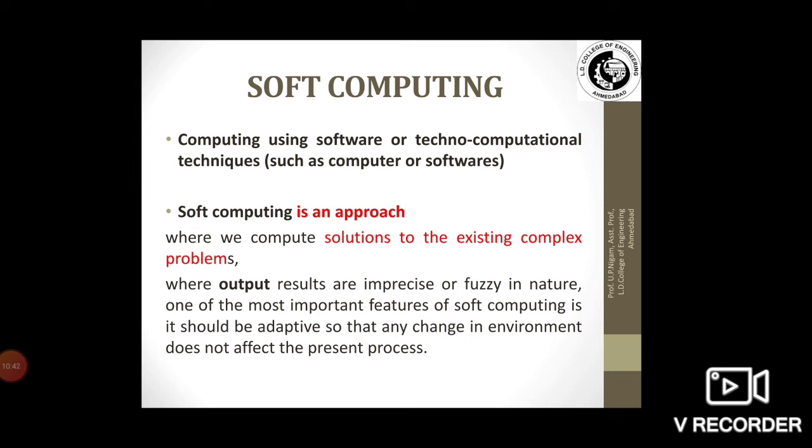When we communicate in one language, you have to answer in yes or no, but sometimes you cannot answer every question in yes or no, you can be partial. So fuzzy means the introduction of partiality in your communication. Alright, so that is one of the most important features of soft computing technique. Whatever data is available with you, soft computing uses the data which is best suited for your problems.